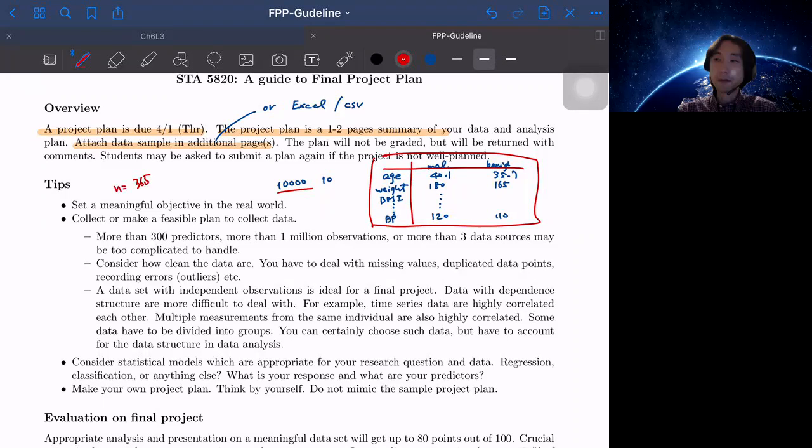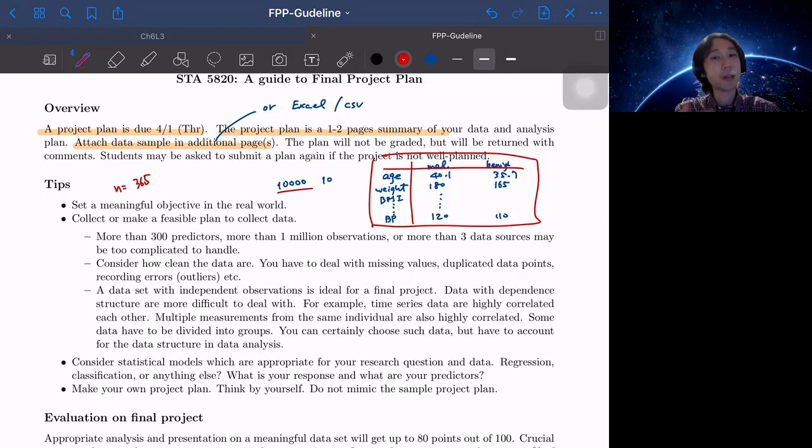But if we think about temperature on January 1st and January 2nd in the same city, those are highly correlated. So we cannot really deal with the data as independent measurements. So we have some dependent structure. So that kind of data is harder to deal with.